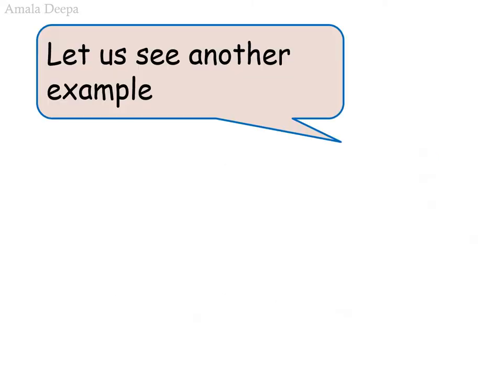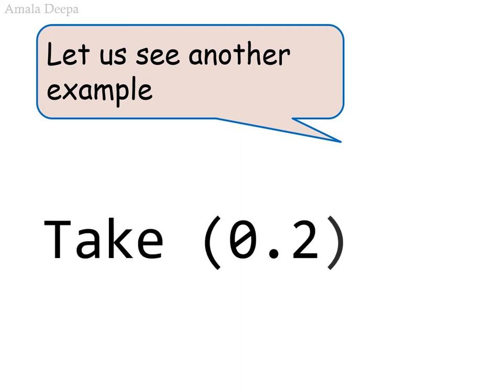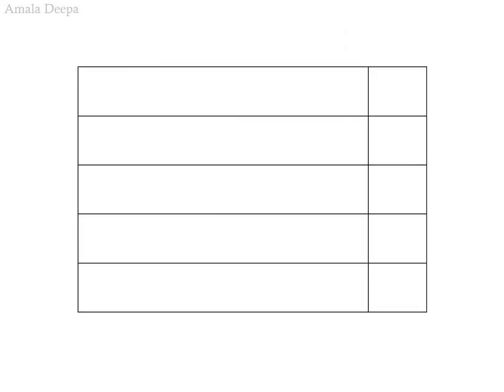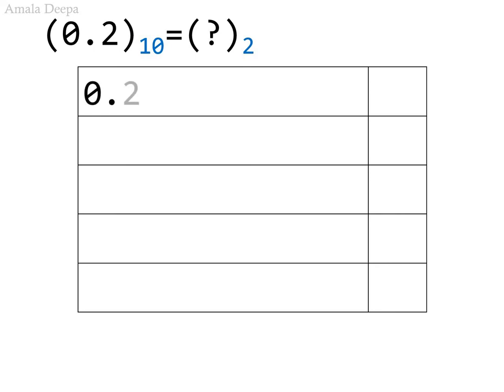Let us see another example. Now I have taken 0.2 base 10. You do the same procedure, that is multiplication by 2. 0.2 into 2 is equal to 0.4. Take the 0 and keep it aside.